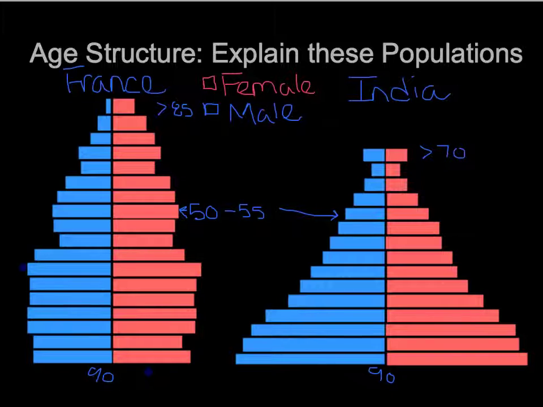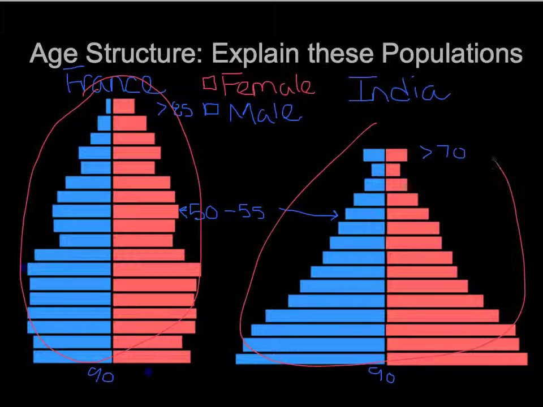What this is really looking at is two different populations. We have France and India, and quite a big difference in what their populations look like. France has a few variations in its curve, and in India right now, the majority of individuals are going to be younger.